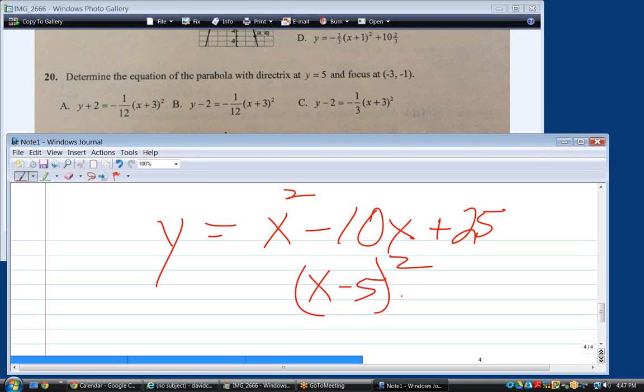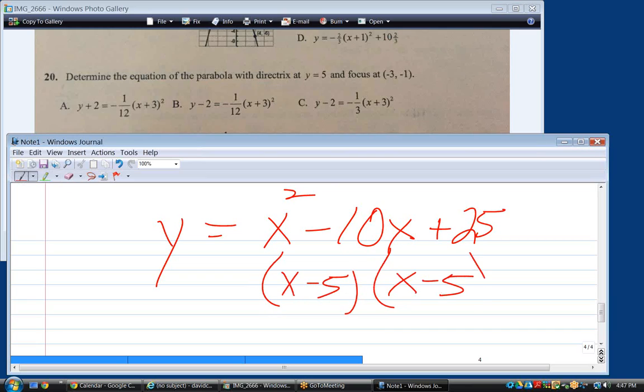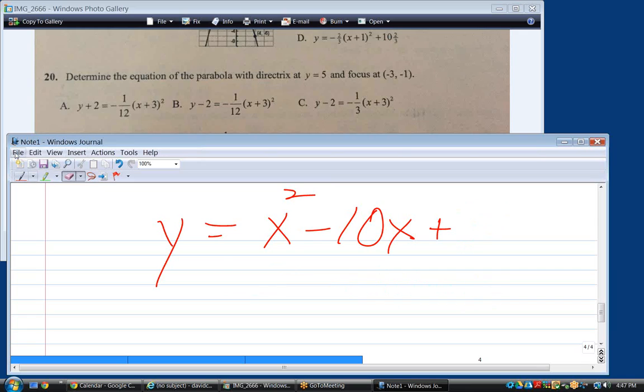K is 0. But say I wanted to get this into x-intercept format. Well, that's x minus 5 times x minus 5. There's x-intercept format. But if I make this number 26, now to do vertex format, just move the 26 to the side, complete the square, balance it, and you end up in vertex format.